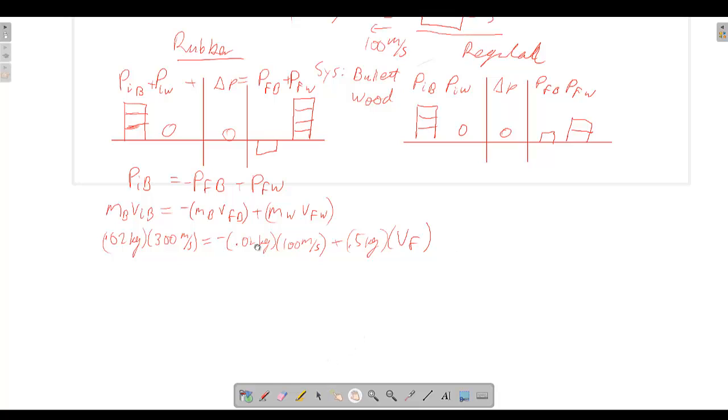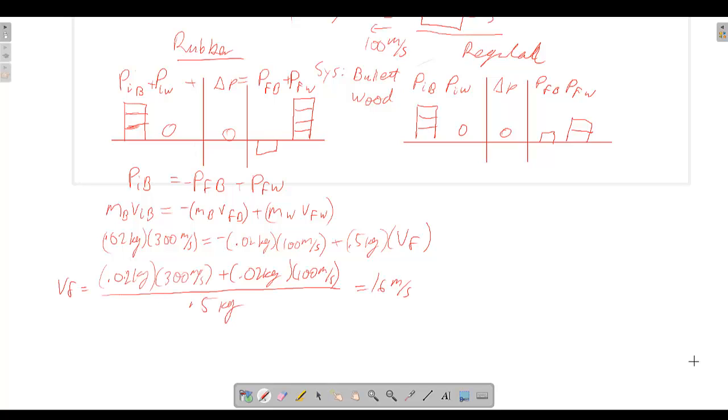Okay, so now by the magic of some video editing, I'm going to do the algebra very fast and show you how we get the solution for V final. And there we go. So I simply added this expression to both sides. So I added it over here.